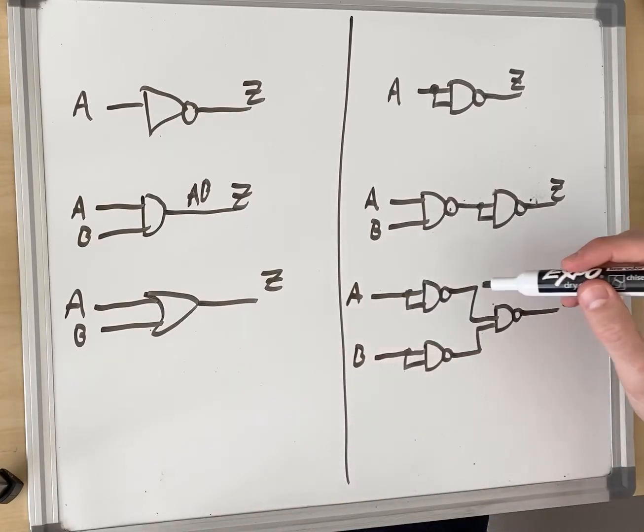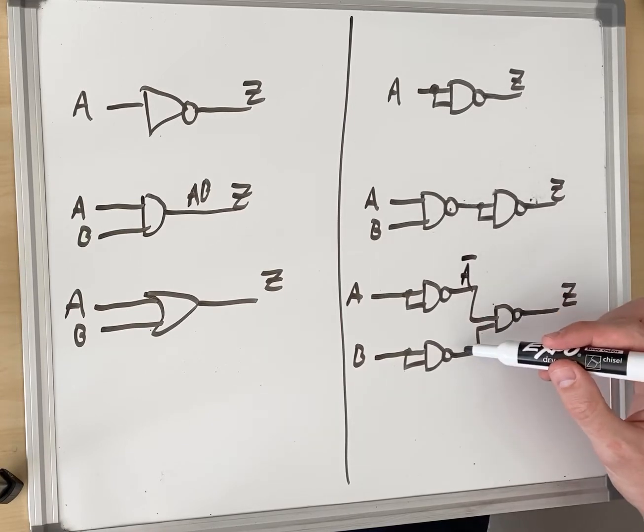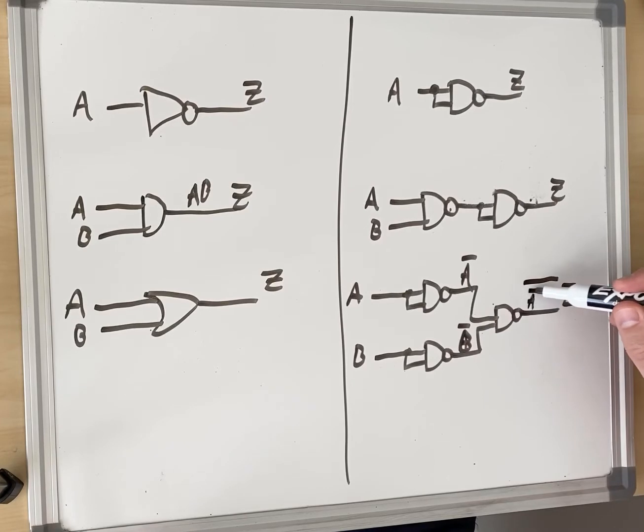So let's prove this. This is an inverter, so this becomes not A. And this becomes not B. And this is a NAND gate, right? So this becomes not (not A and not B). So we can De Morgan's them.